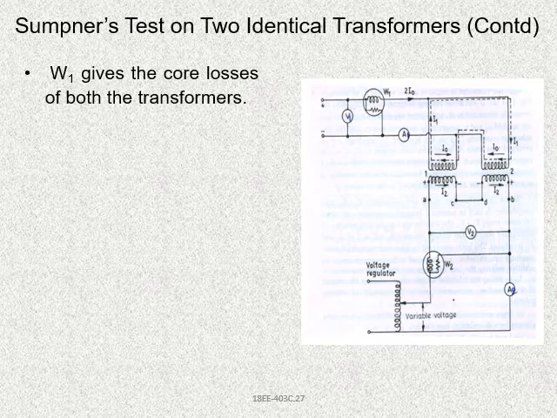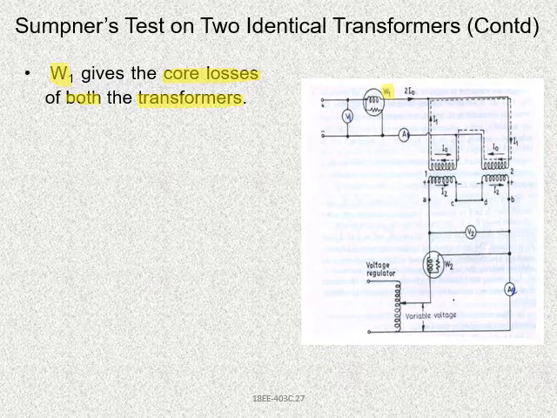Again the same diagram in order to analyze it. W1 gives the core loss of both the transformers. Since the secondary is open, the total current is consumed in the primary only, so the entire W1 reading gives the core losses of both the transformers.